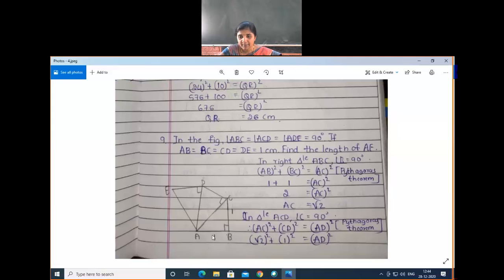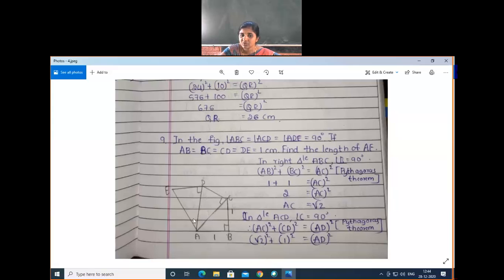Now apply Pythagoras theorem: AB square plus BC square is equal to AC square. Here we take 1 centimeter, it is given. 1 plus 1 is equal to AC square. Therefore, AC is equal to root 2. You all know the root 2 construction, no? Now, DC is equal to 1 centimeter only. Root 2 plus 1, here you will get AD.